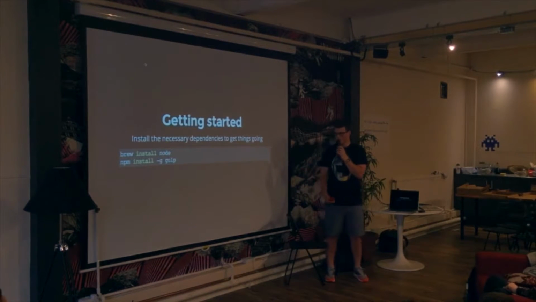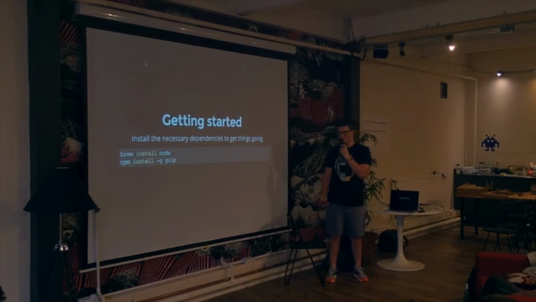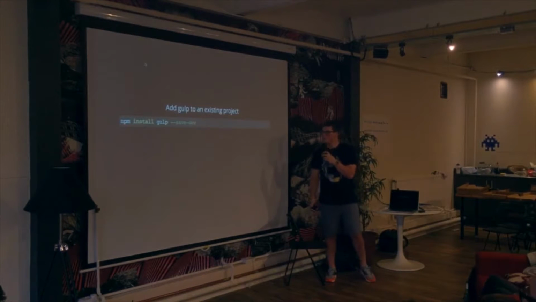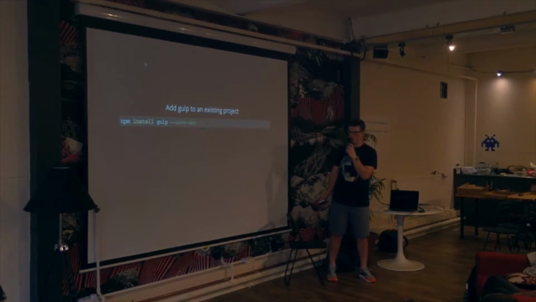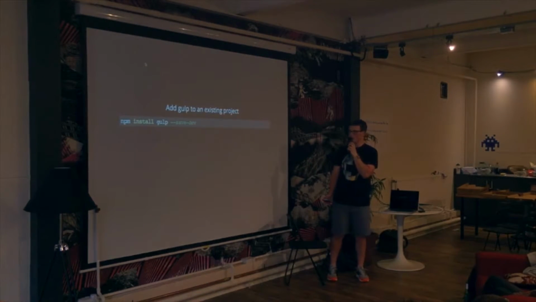So we install Node on the command line, and then we're also able to install Gulp pretty easily. We need to add Gulp to our project, or to a new project, as a package. So we're going to download the Node module package, Gulp, and save it to our package.json, again in the command line.